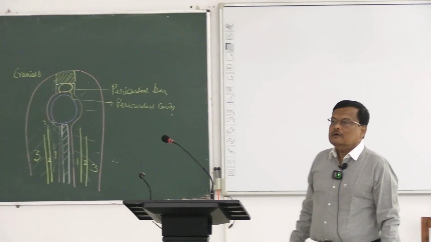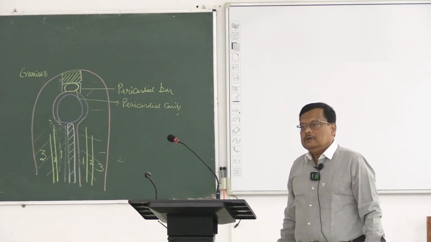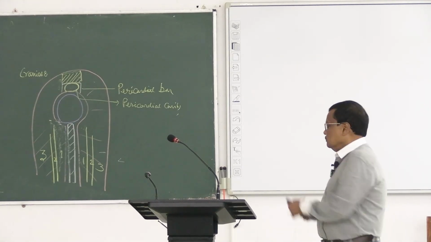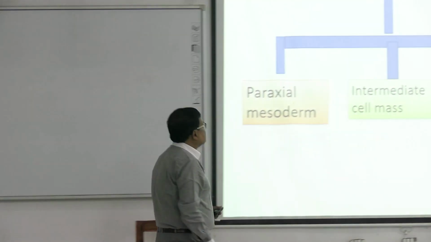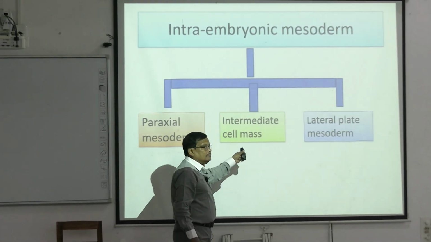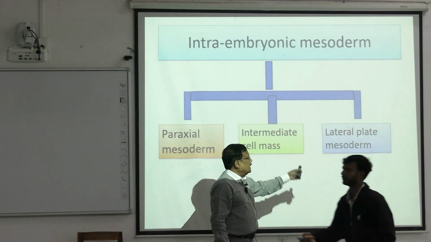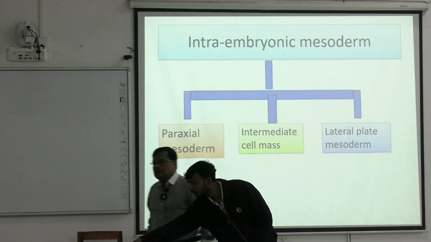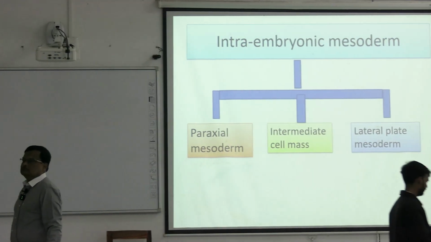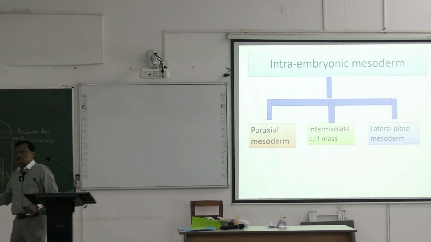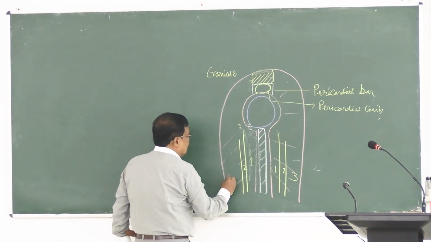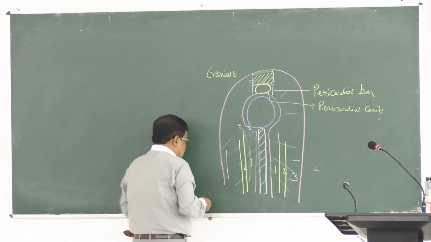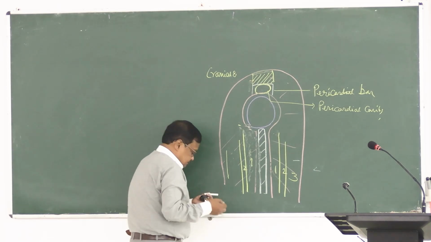Lateral plate mesoderm. What do we call it? Lateral. So, the intraembryonic mesoderm is now divided into paraxial mesoderm, intermediate cell mass or intermediate mesoderm, and lateral plate mesoderm. I will come back later, but let me say it now since I have drawn it. In the lateral plate mesoderm, again a cavity will appear.